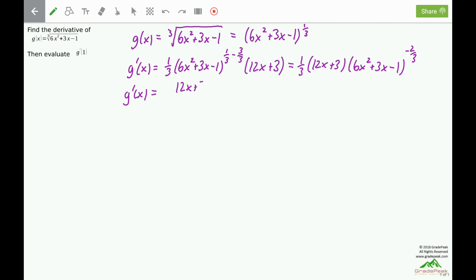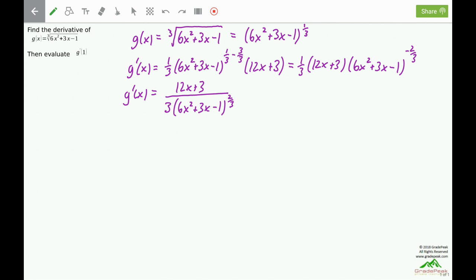The 12x plus 3 is not raised to a negative exponent and will stay in the numerator with the 1. Multiplying by 1, it stays the same value. The 6x squared plus 3x minus 1 will move to the denominator and become a positive 2/3 power.